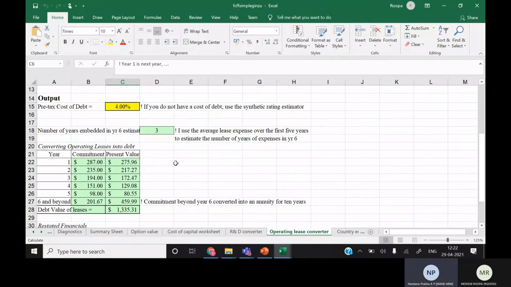Whatever is shown in the yellow is our input. Now this Excel template has converted all our commitments into debt value by calculating their present value.